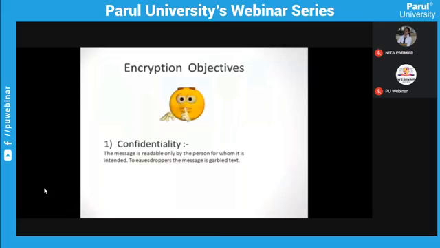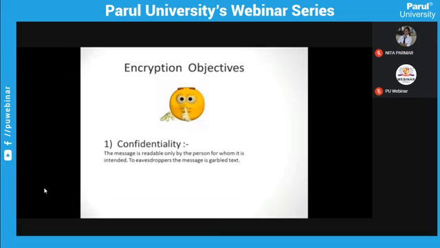Okay. So why do we need encryption? There are four basic objectives of encryption. First of all, to ensure confidentiality of the message. That means the message should only be readable by the person for whom it is actually written.